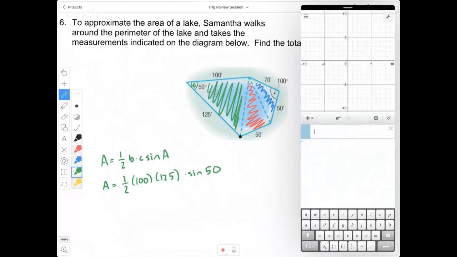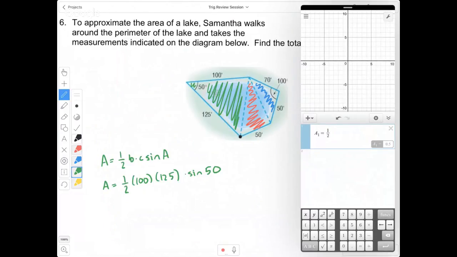I'm going to plug it in here that area 1 equals 1/2 times 100 times 125 times the sine of 50. Cool. The red zone I'm going to come back to.